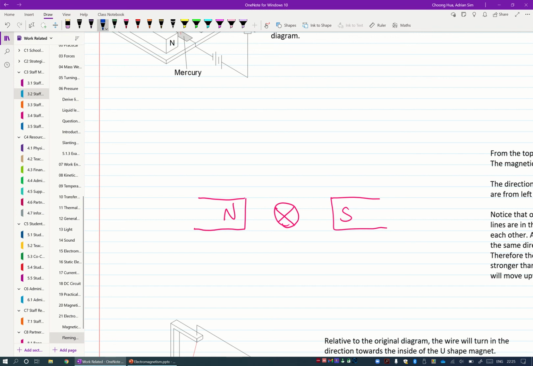So, just for the purpose of explaining how this works, I'm not going to complete this diagram with a lot of magnetic field lines. I just want to draw maybe one or two simple field lines. So with the current flowing into the plane, using the right hand grip rule, this will be the direction of the magnetic field.